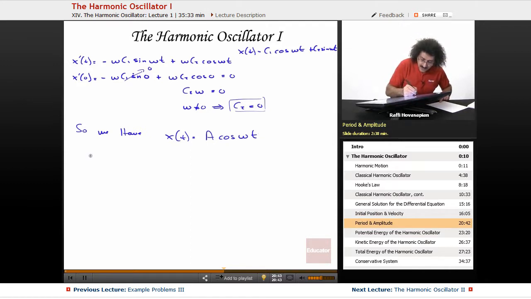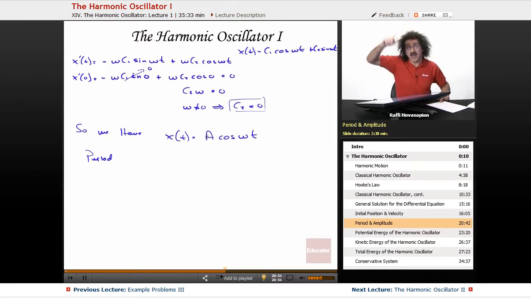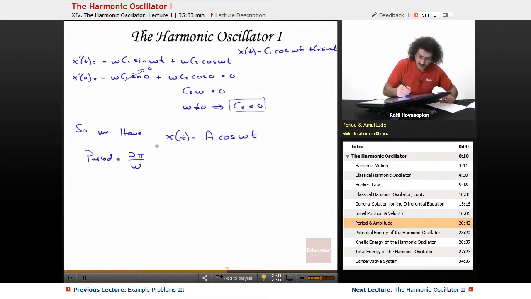Okay, the period. This is harmonic motion. You know what a cosine function looks like. It starts up at, in this particular case, A is the amplitude, and it goes like this. Oscillates back and forth. This is harmonic motion. It's always going to be in terms of sine and cosine. The period of this oscillation is equal to 2 pi divided by the omega. Okay?